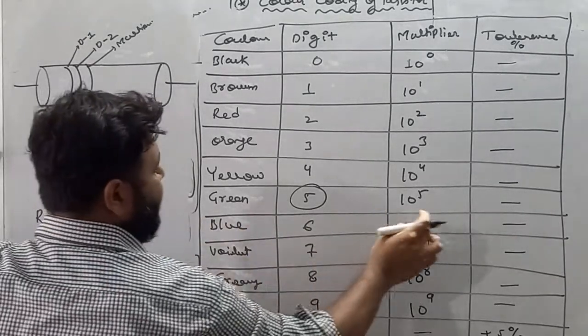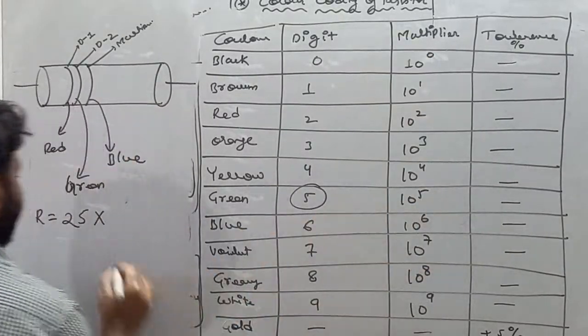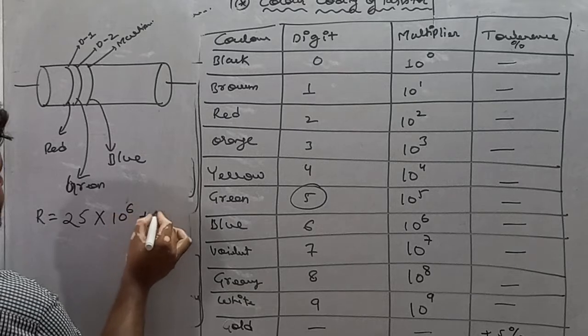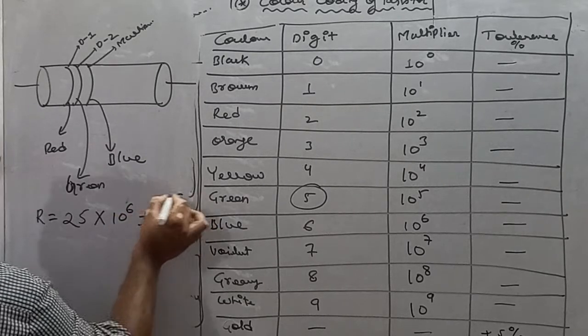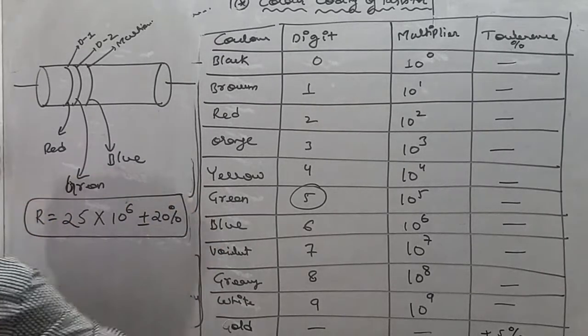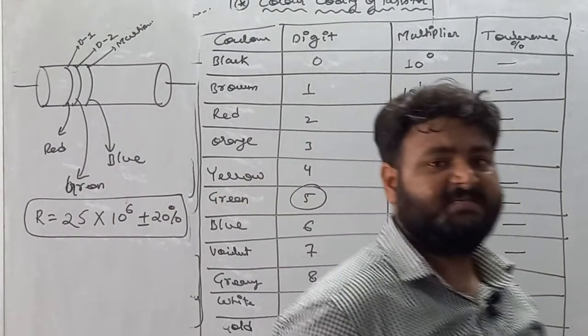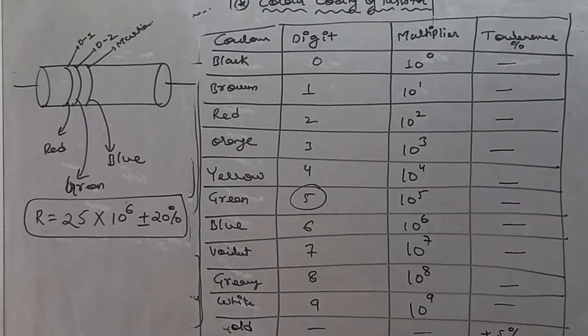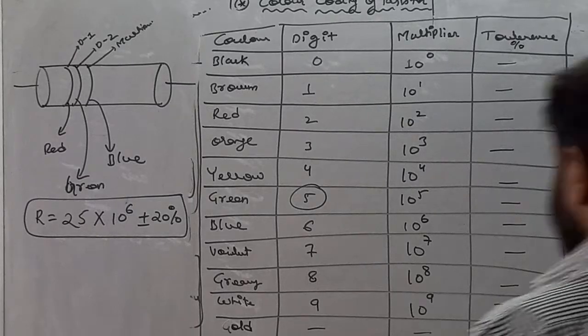Multiplier blue is 10 raised to power 6, and plus minus 20%. This is the value of resistance with the help of the color code. I hope you all understand. Remember, if the fourth band is missing, then you have to take tolerance to be plus minus 20%.